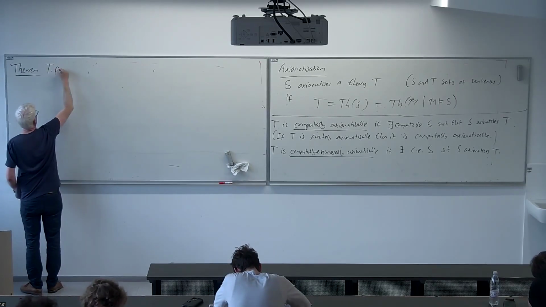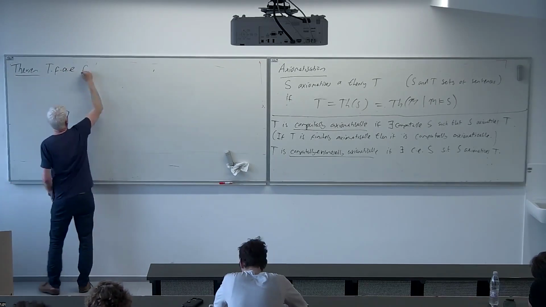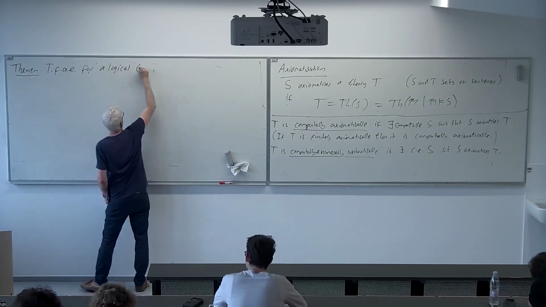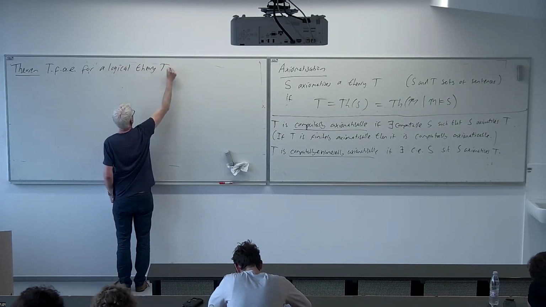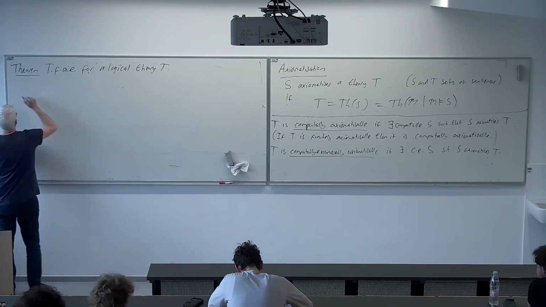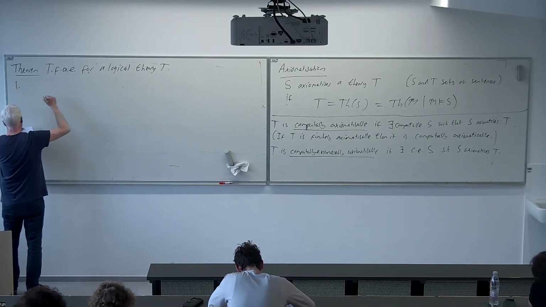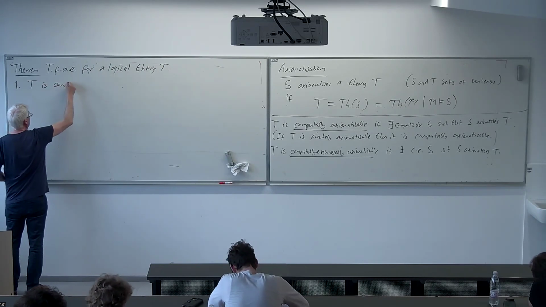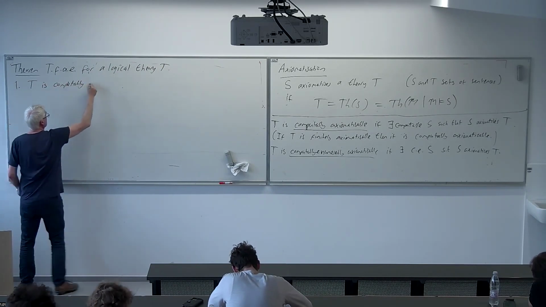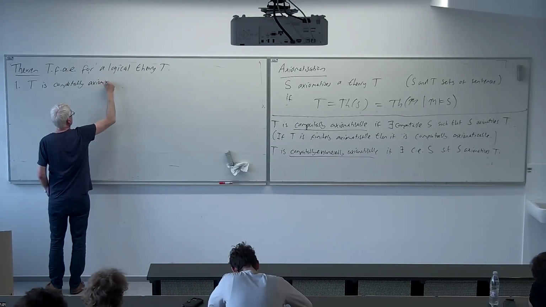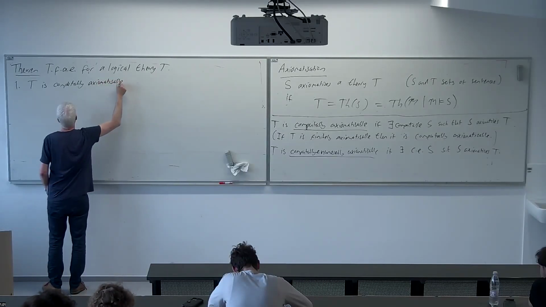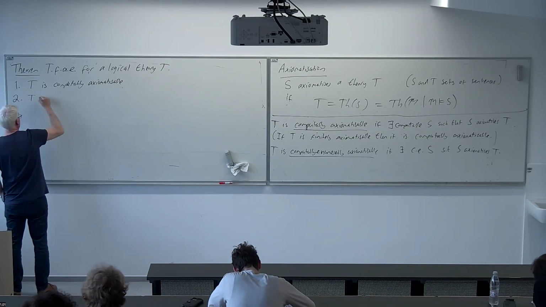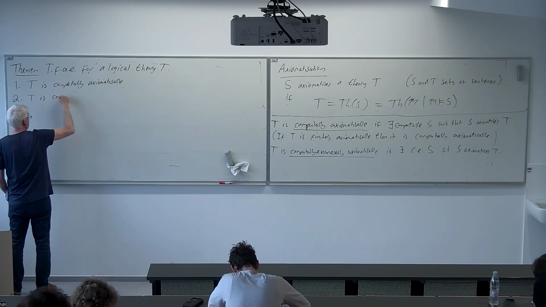The following are equivalent for a logical theory T. And this is really quite surprising when you first see it. Firstly, T is computably axiomatizable. Secondly, T is computably enumerably axiomatizable.